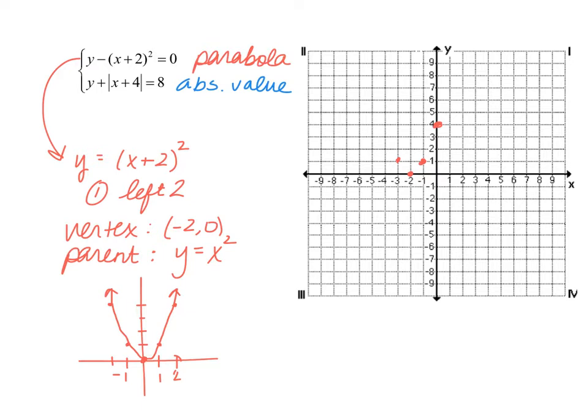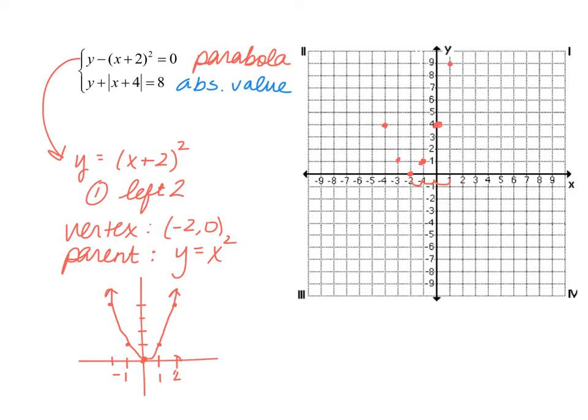Then we'll do the same thing. From the vertex, we'll travel left 2 and up 4 to plot the mirror image point. And then since I do have room on this particular coordinate plane, from the vertex I'll go right 3, 1, 2, 3, which would put me at x equals 1. Then 3 squared is 9, so I will be going up 9 to plot my next point.